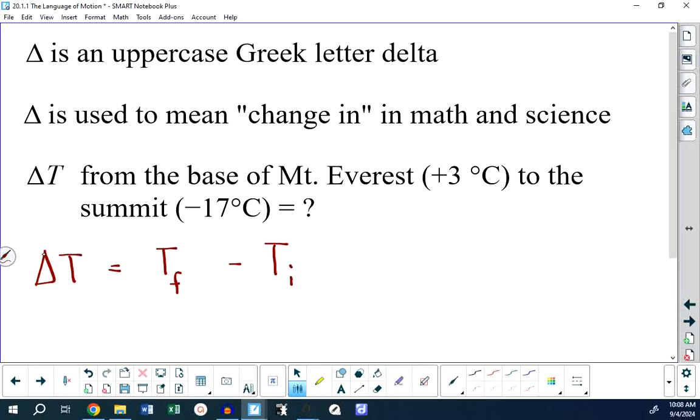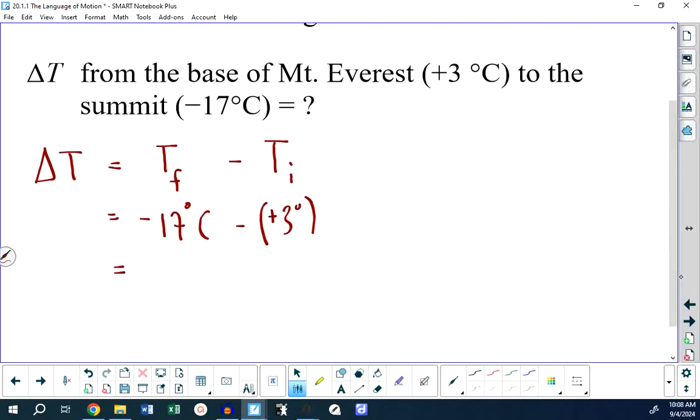So if I were to take the final temperature of negative 17 degrees Celsius and subtract the initial temperature of positive 3 degrees Celsius, I'm going to get negative 20 degrees Celsius. And I hope you would agree, since this is a change in temperature, the negative is significant. It's telling you it got 20 degrees colder as you went from the base to the summit.